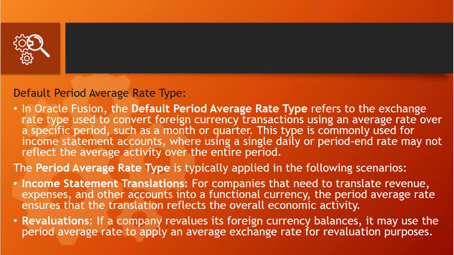The period average rate ensures that the translation reflects the overall economic activity. And the same for revaluations. If a company revalues its foreign currency balances, it may use the period average rate to apply an average exchange rate for revaluation purposes.